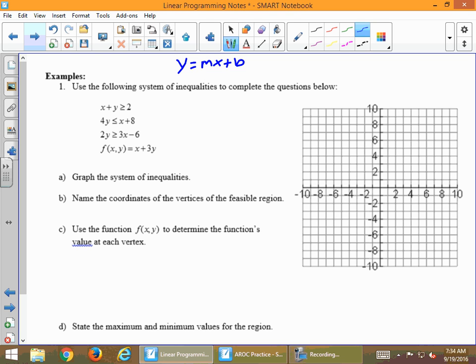So if we look at this first equation, how are we going to get y by itself? I'm going to write it off to the side. What do we have to do with x to get y by itself? Subtract x over. So I get y is greater than or equal to negative x plus 2. There's one of our equations.